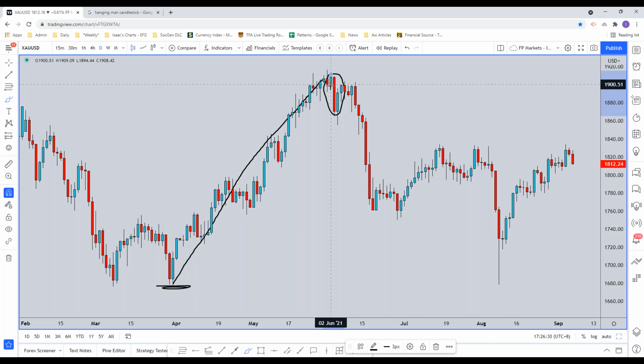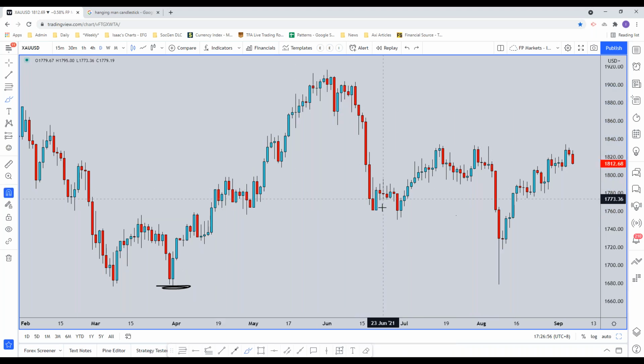It's not just looking at candlestick patterns, but also understanding the psychology and the reasoning behind these patterns. This bearish engulfing candle erased 9 straight days of gains, which tells you it's a very strong signal for reversal. Look what happened. Price tanked almost immediately, all the way to the bottom.